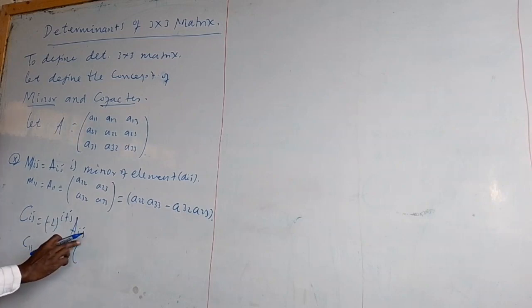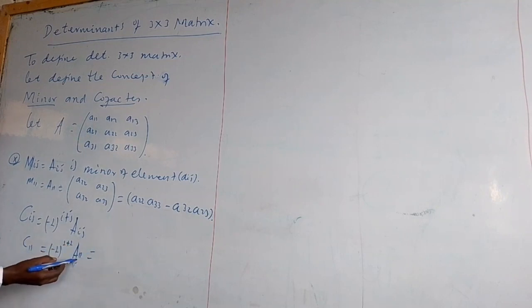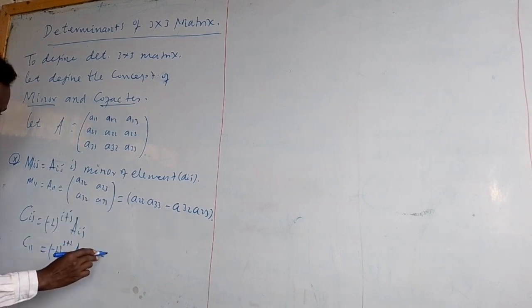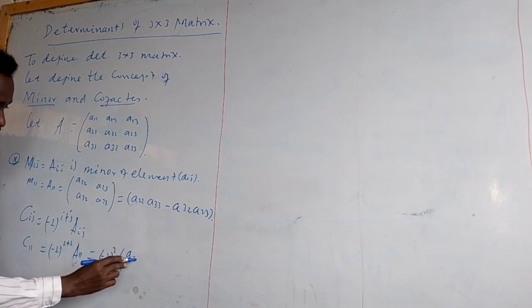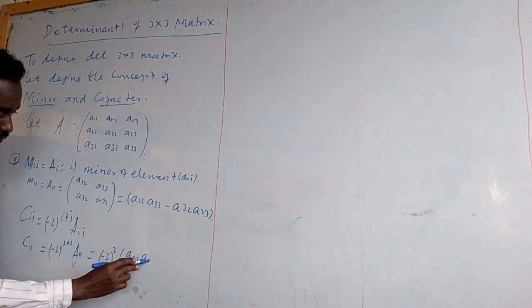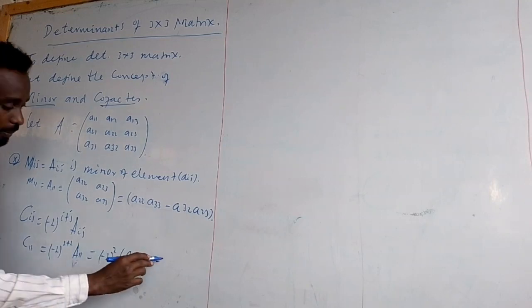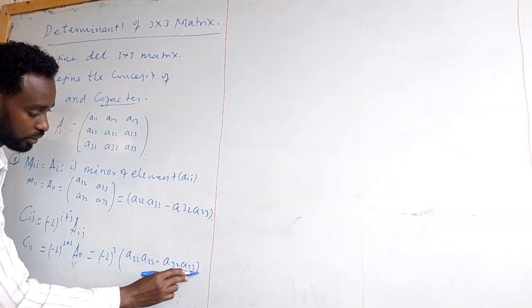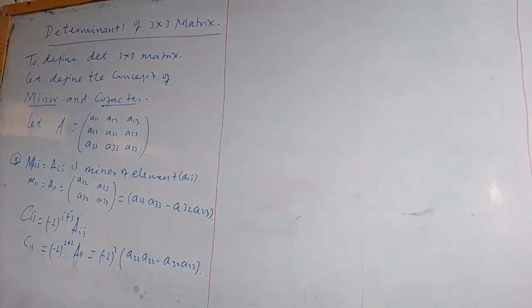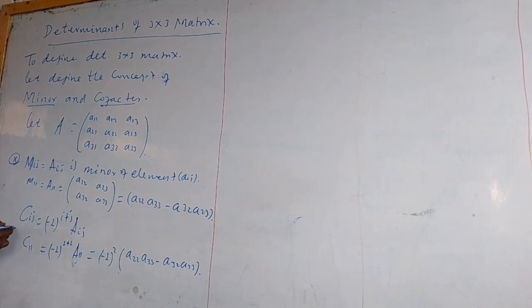So let's see C11, the cofactor of element A11. C11 is minus 1 raised to 1 plus 1 times the minor of A11, so minus 1 squared times A22 times A33 minus A32 times A23.